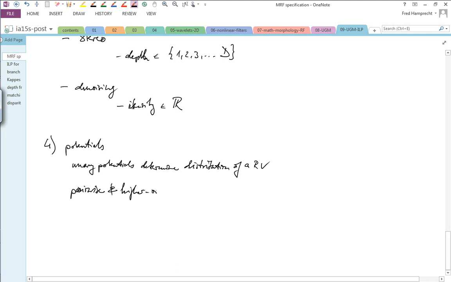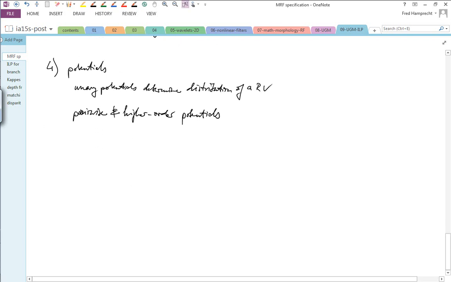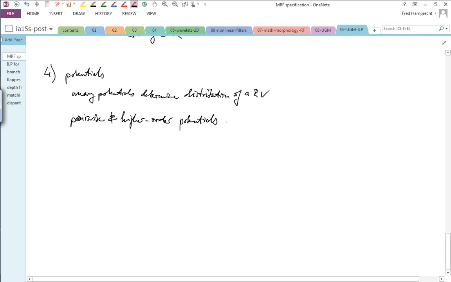By higher order, I mean factors that involve triplets of random variables or even more random variables. Pairwise and higher order potentials determine the interaction of random variables. And here I want to distinguish two cases.